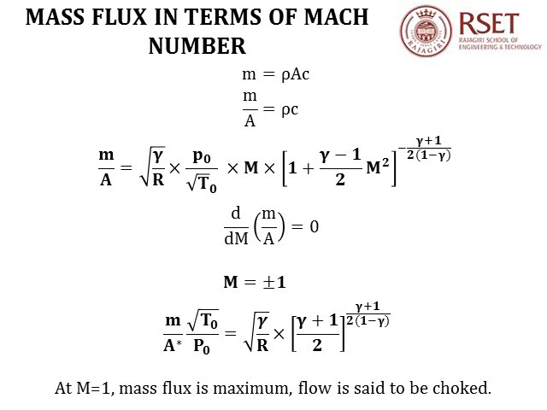Now let us see how we can express mass flux in terms of Mach number. From the continuity equation, we know that mass flow rate is equal to rho AC.